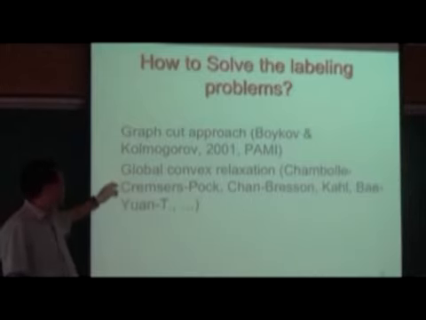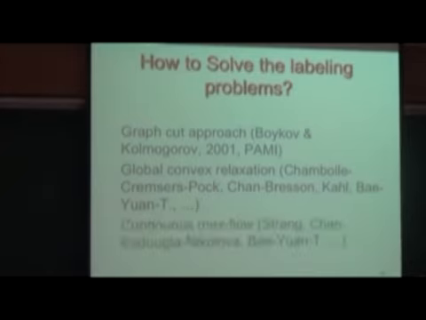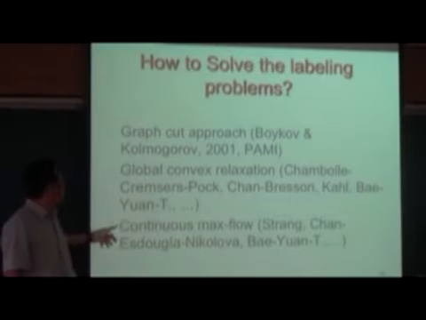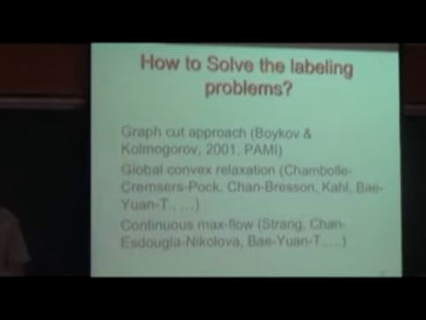We are going to talk about this, and there are a number of people working on this one, including our group. Also in the end we should talk about continuous max flow. This makes a continuous version out of the graph cut. And this is especially something very, very new.